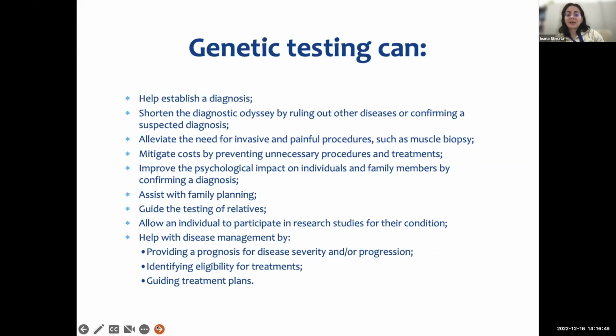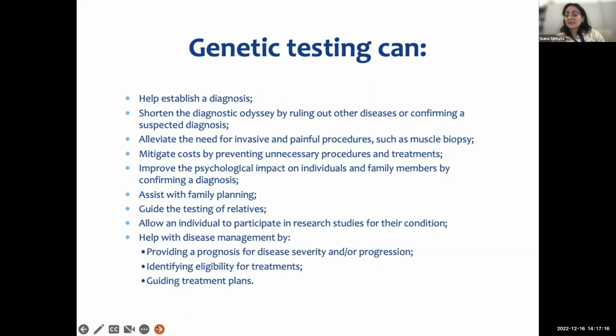And at the same time, we can give the patient and his family the opportunity to make family planning, but also to participate in research studies dedicated to that specific condition.